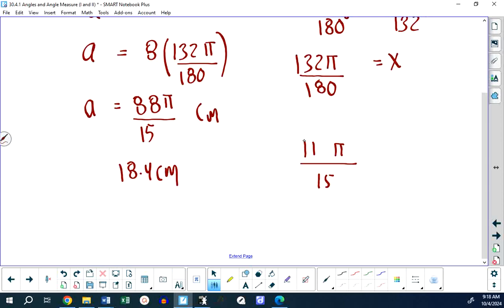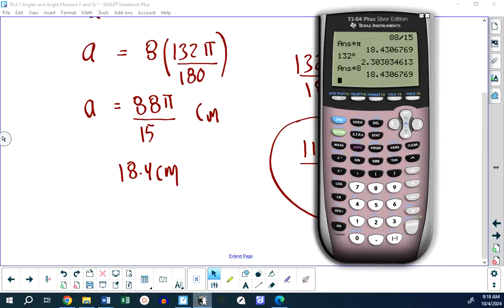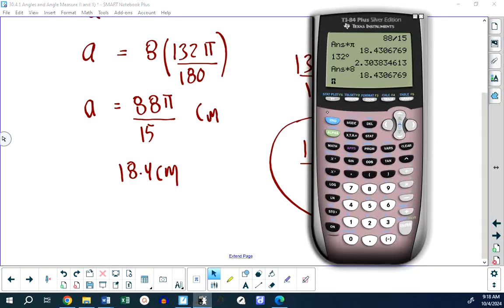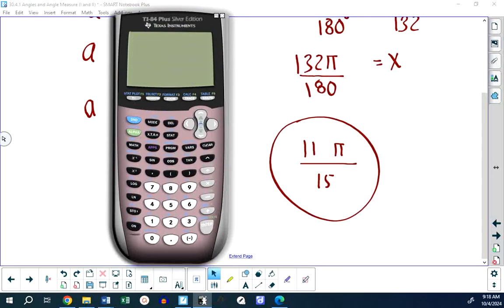Could we have found this on our calculator? Yes. We could have done this. We could have entered this, right? Hit enter in radian mode, and that's the radians.